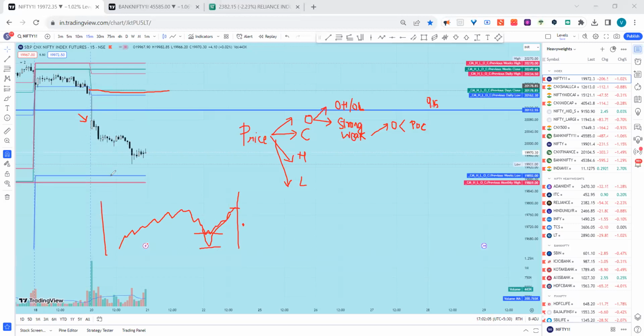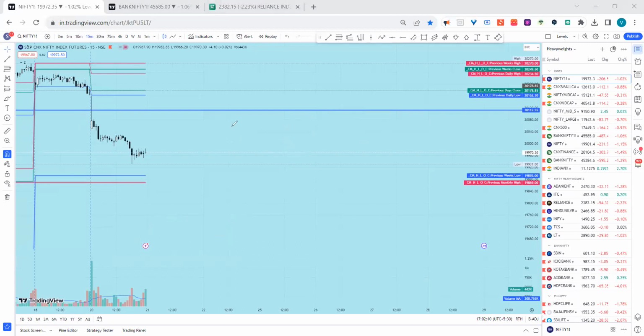So I hope the understanding is clear: if the opening price is much less than the previous day's closing price, or the previous day low price, it depends on the relative context of the chart, right?